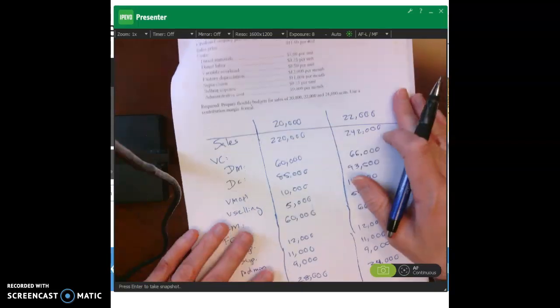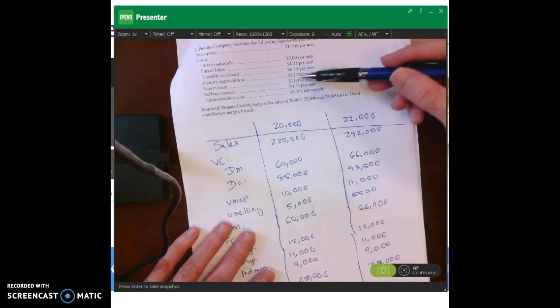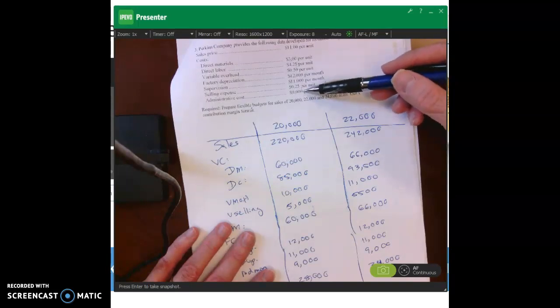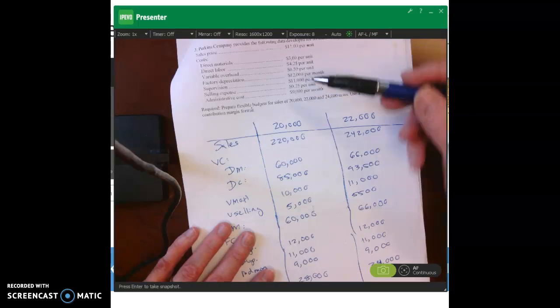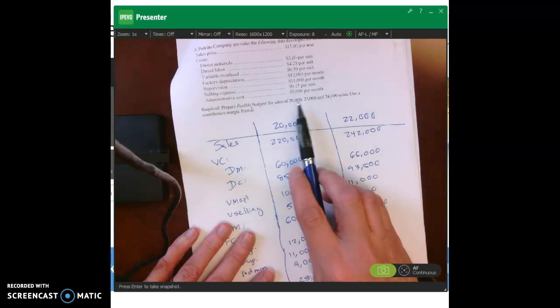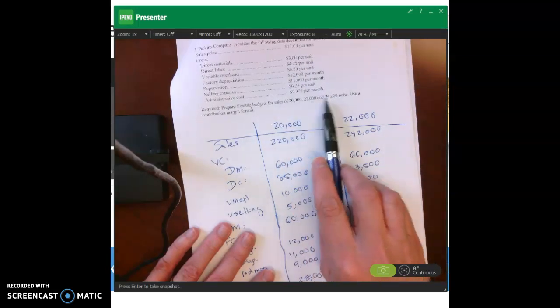Now the one that might have been a little bit harder than what we did up here is, it says factory depreciation, $12,000 per month, supervision, $11,000 per month, administrative costs of $9,000 per month. These are fixed costs, and so you have to understand fixed cost behavior to tell me what these costs will be at each level of activity.